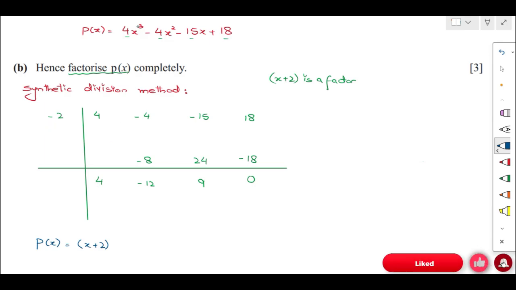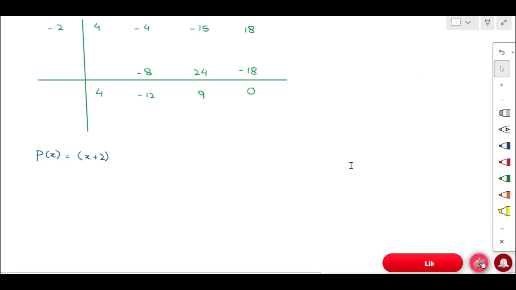And now the polynomial is quadratic, a second degree polynomial: 4 is the coefficient of x square, negative 12 is the coefficient of x, and plus 9 is the constant term, right? Now we need to factorize the other one.